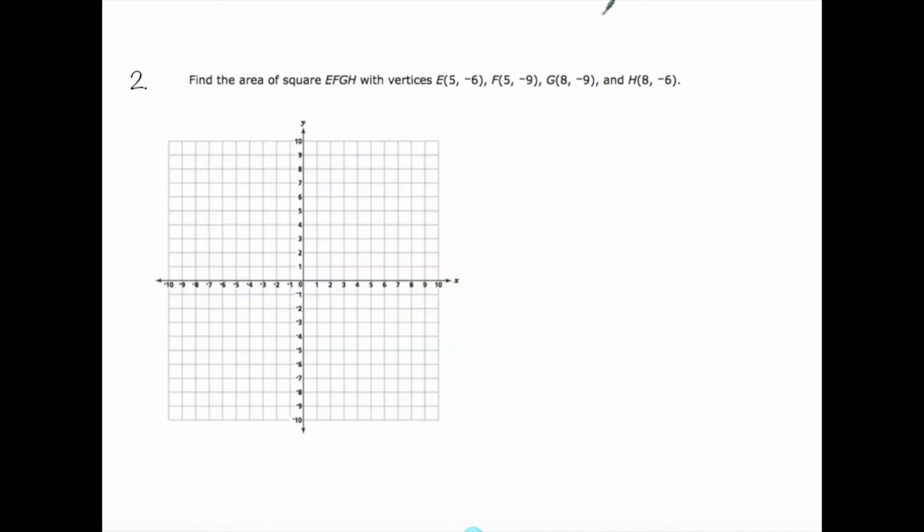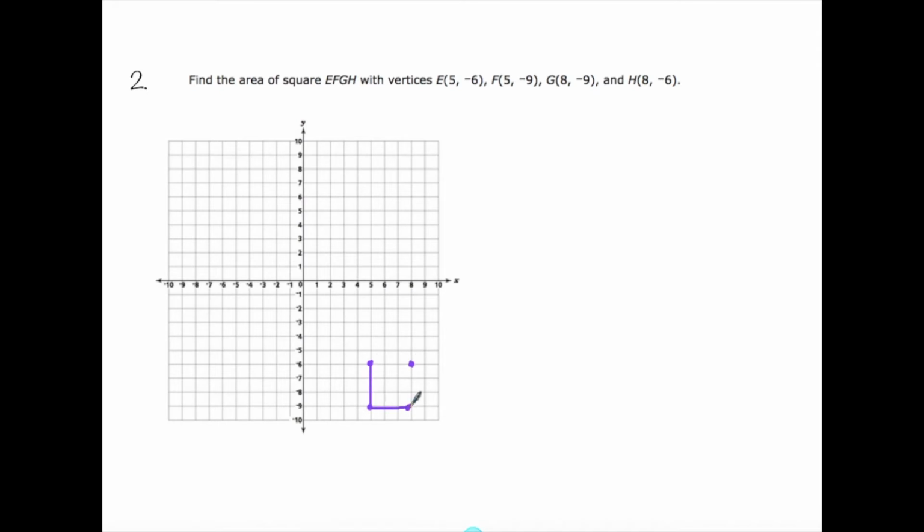Our second example says to find the area of square EFGH, and then we are given the vertices and their coordinates. So I'm going to just graph these points. E is at 5, -6. F is at 5, -9. G is at 8, -9. And H is at 8, -6.